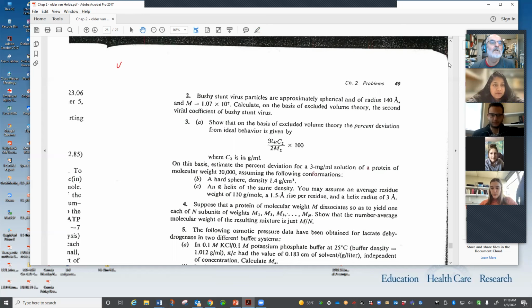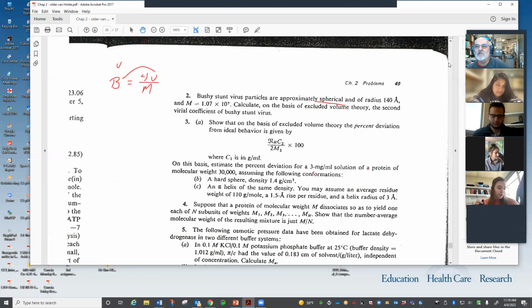Okay. So it's a sphere. And so you immediately know for a sphere, it's 4 V bar over M. If you don't know, that's what you should know. That formula is in my head because I learned it in a book called Tanford, and it's in this Van Holt issue.